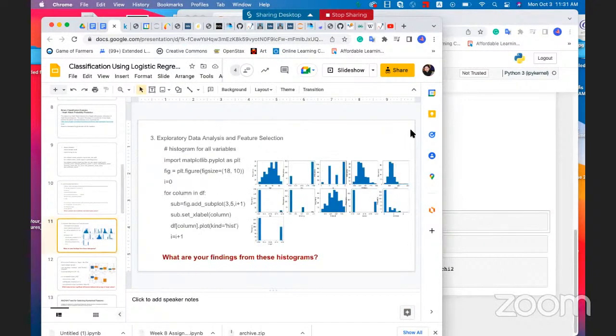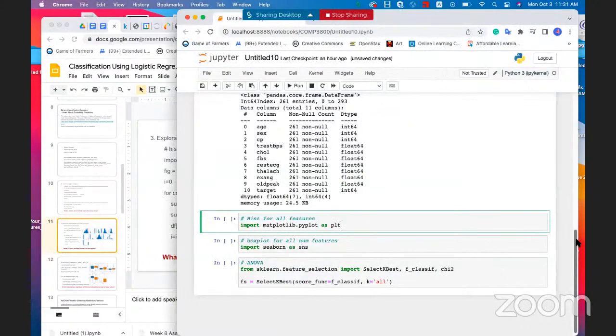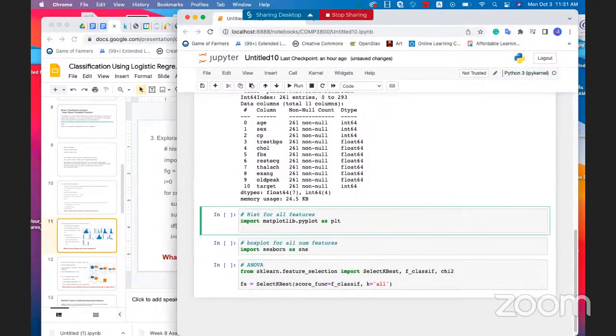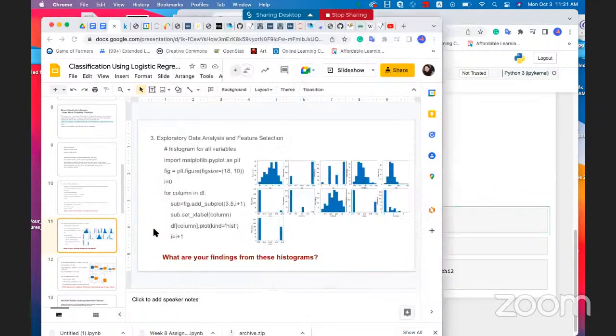Next, we want to explore to get an overview of how this data looks in a histogram.